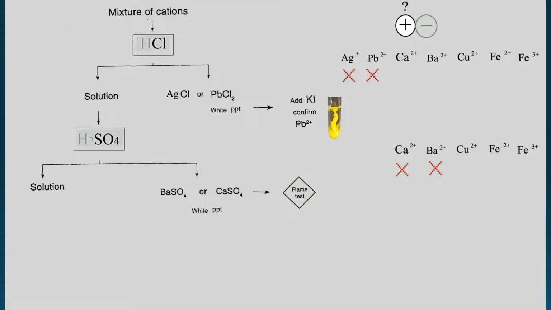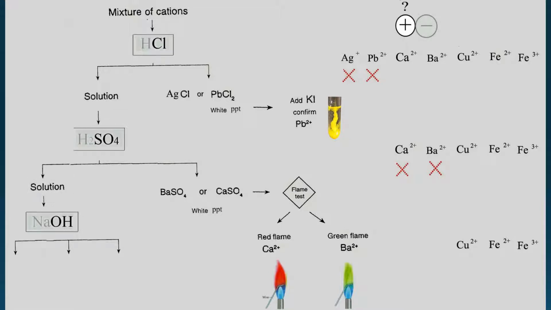What should be the result? Calcium will give red. Barium will give green. If the solution is still soluble after this test, that means they are not calcium and barium. So you only have three more to consider.